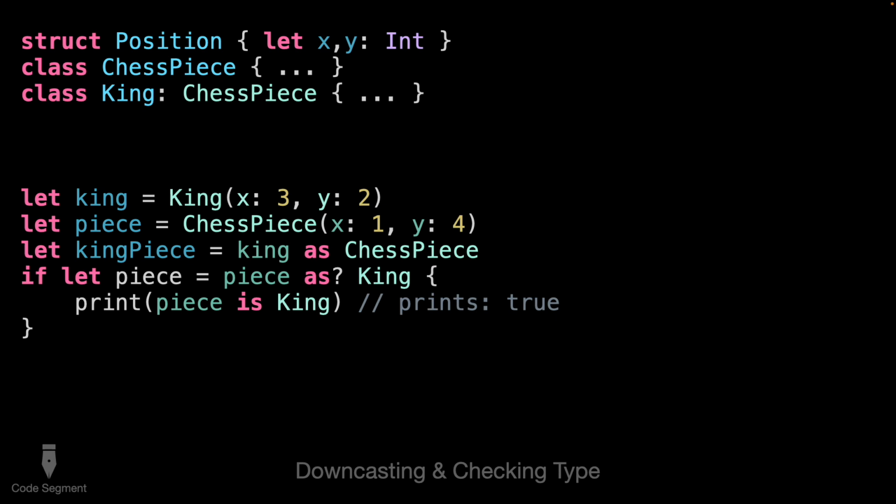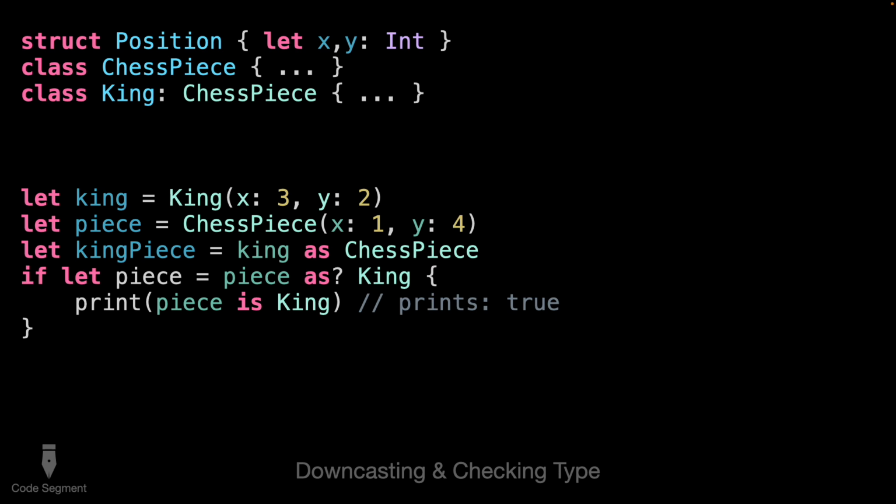However, whenever you interact with the king piece constant, you cannot access anything that was added by the king subclass. So if the king subclass added a new stored property, like crown shape or something like that, king piece, the constant, if you tried to do king piece dot crown shape, would fail. You'd get a compiler error because it's the wrong type.